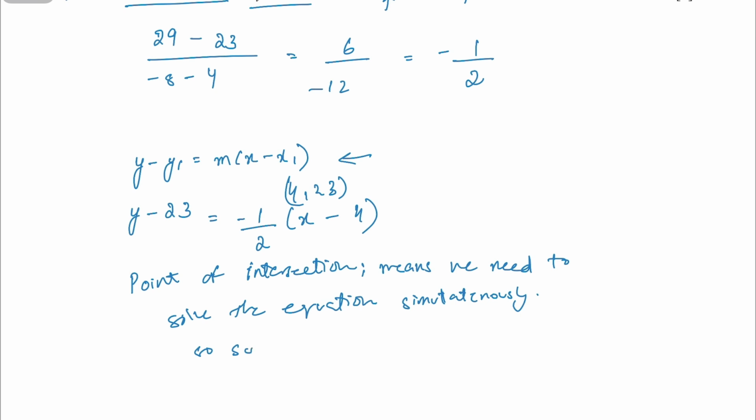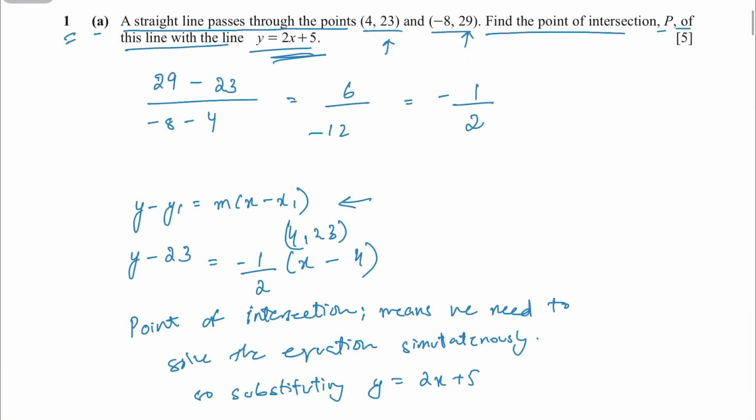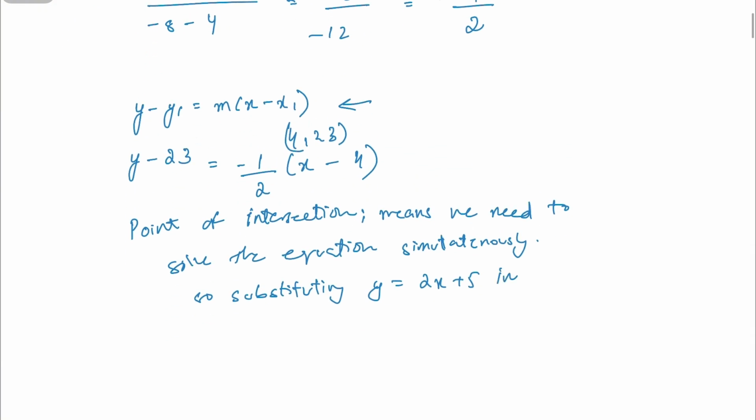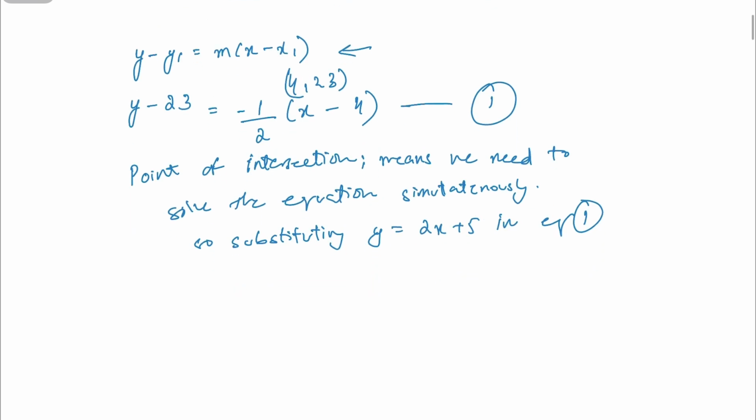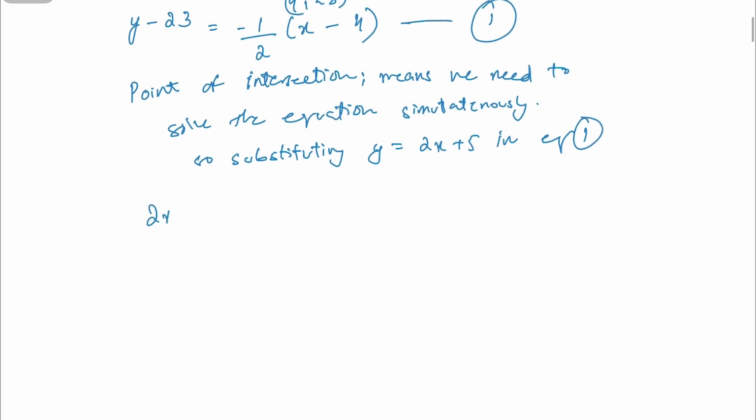So substituting y equals 2x plus 5, which was given in the question, into this equation. Let's call it equation 1. So this would look like 2x plus 5 minus 23, and this 2 would be multiplied over there.